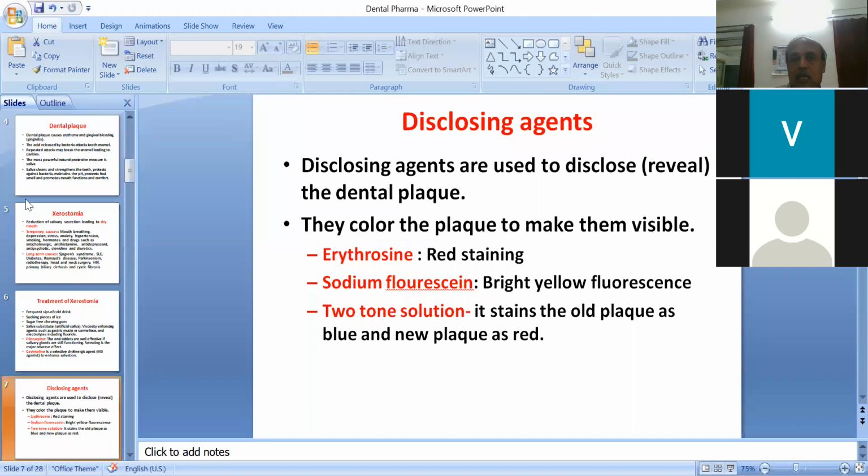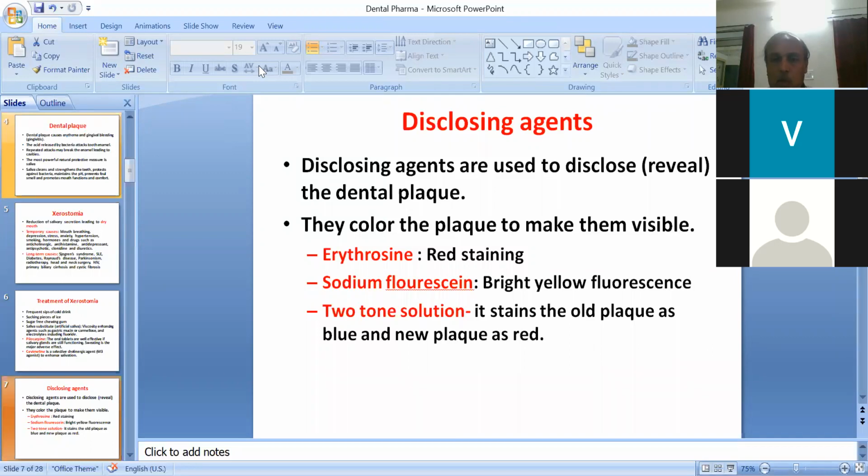So various agents are used for this purpose. These agents are erythrosine, that produces red staining. Then the sodium fluorescein that produces bright yellow fluorescence.